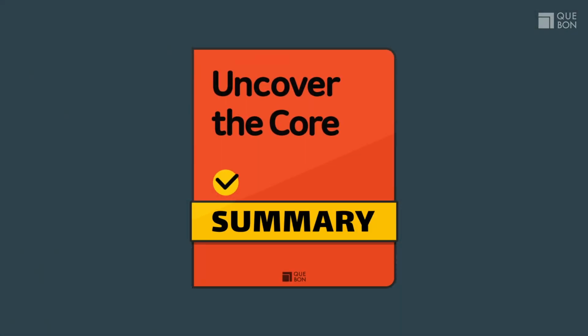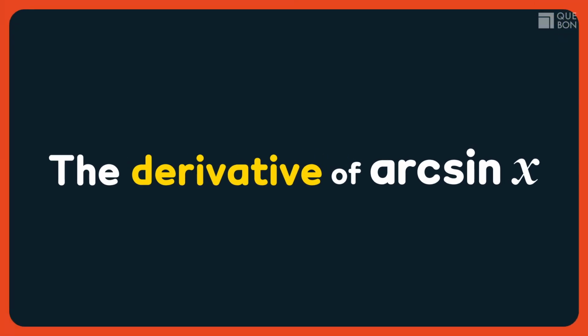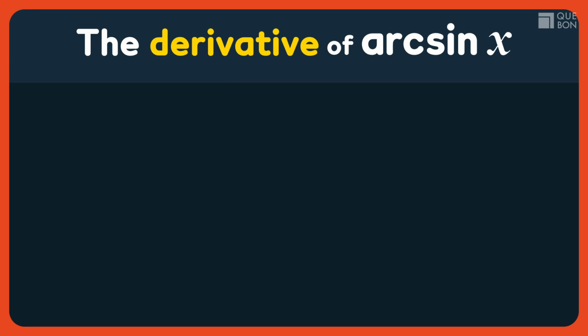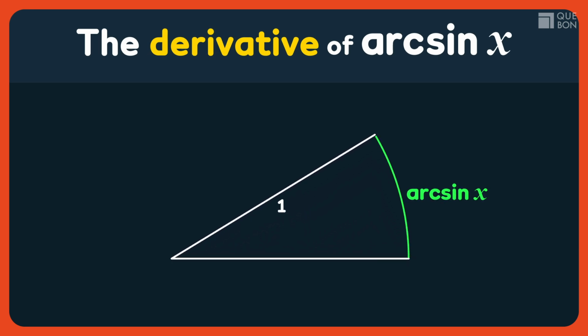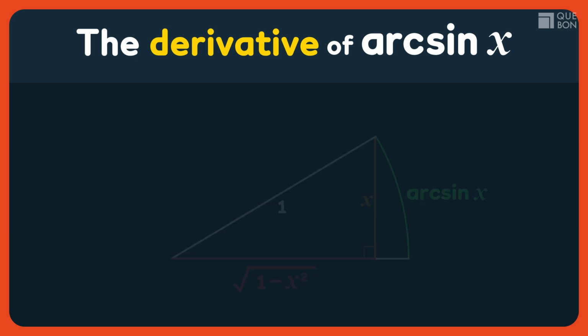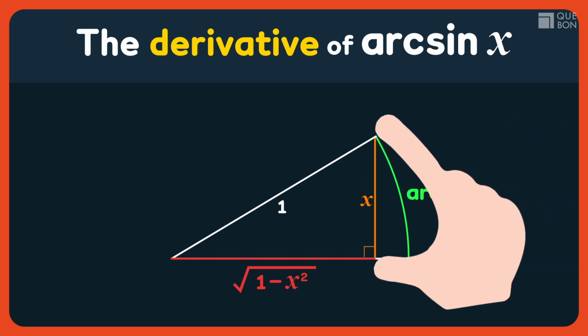Summary time. The derivative of arcsine x. 1. Arcsine x, x, and the square root of 1 minus x squared. Now change.